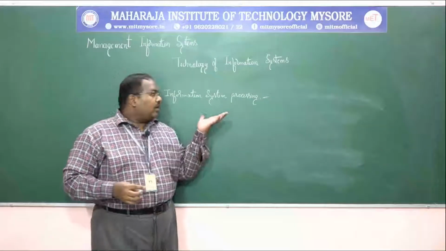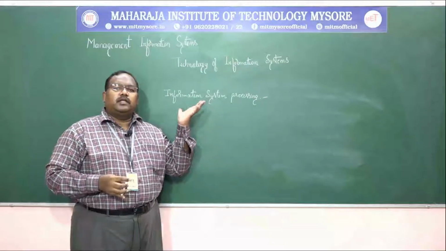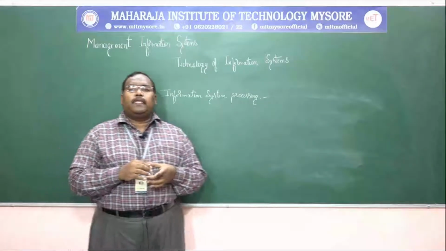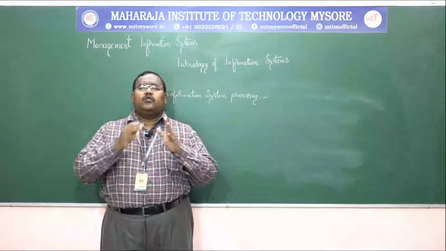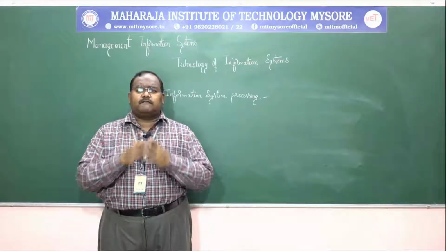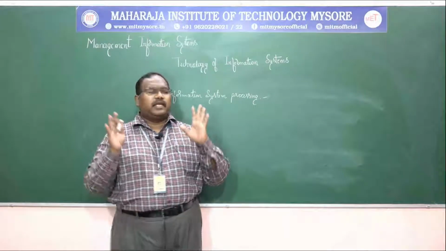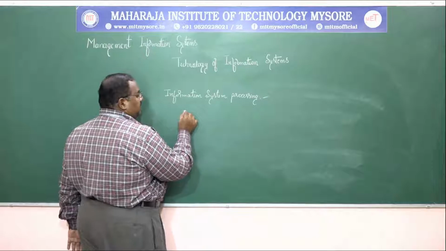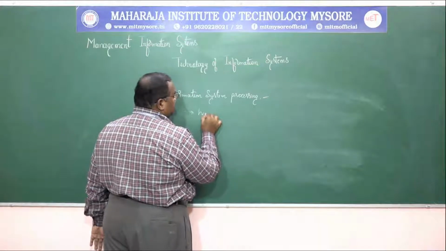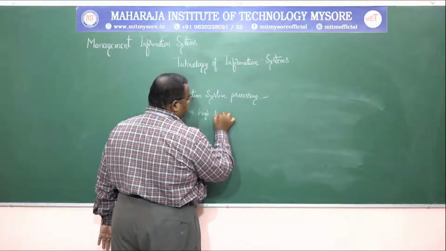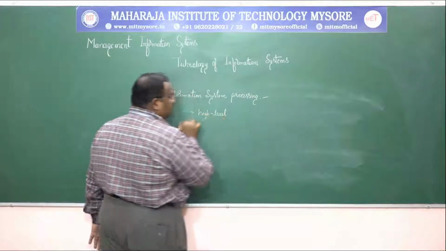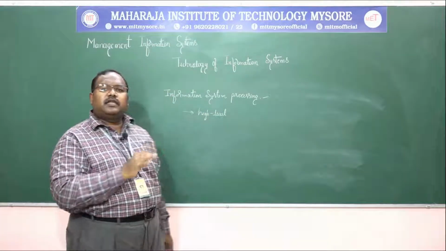Now finally, we have come to the main concept, information system processing. This is a high level of processing with respect to the overall application processing, covering all the processing we have done.